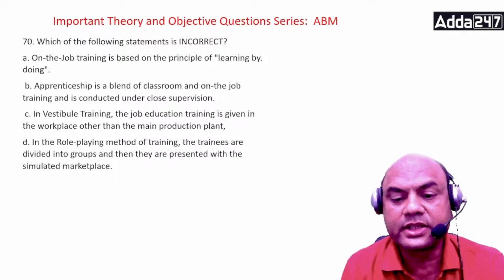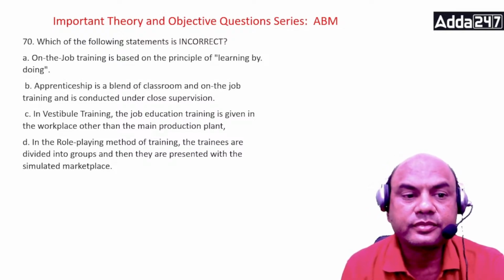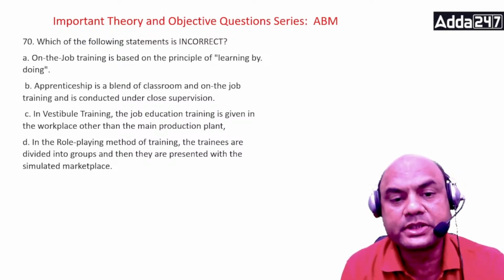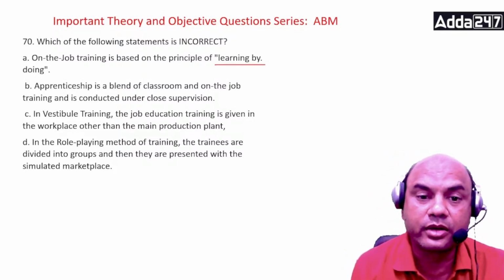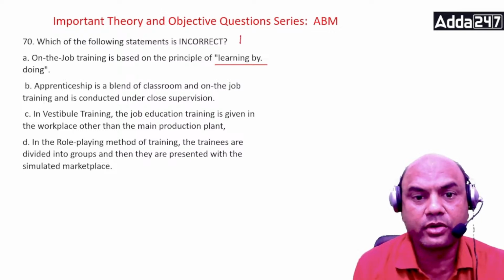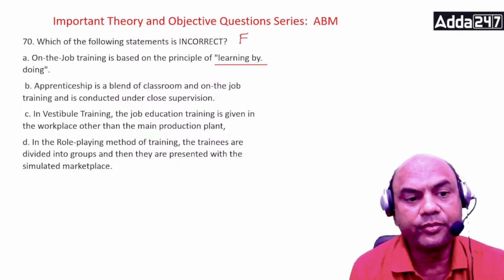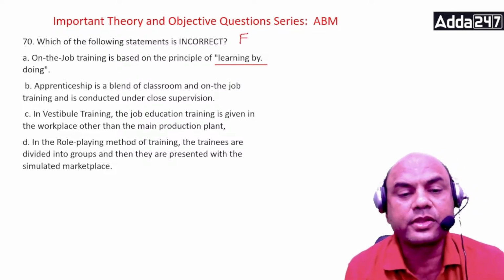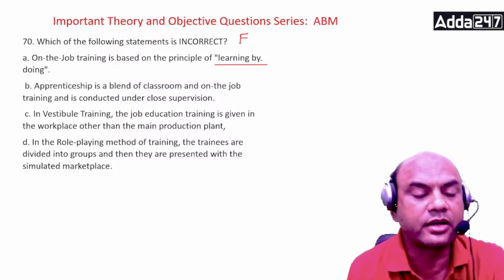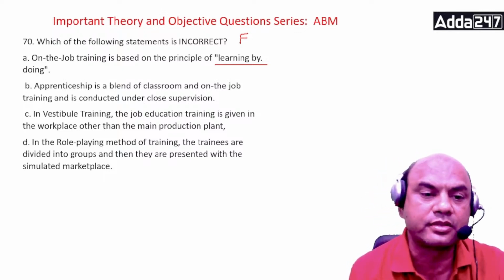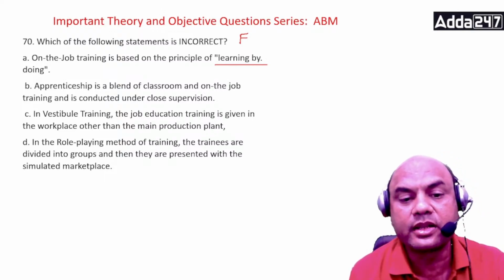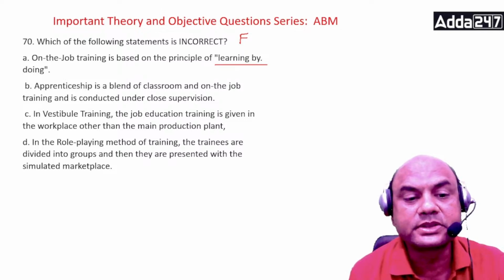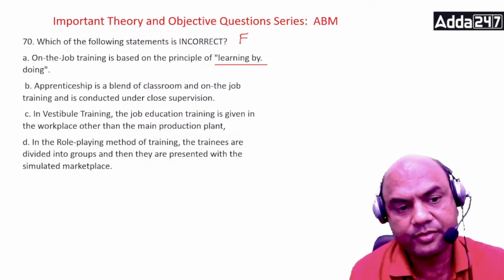Which of the following is incorrect? On the job training is based on the principle of learning by doing. You want incorrect, so remember you want the false one. Apprenticeship is a blend of classroom and on-the-job training and is conducted under close supervision. In vestibule training, the job education training is given in a workplace other than the main production plant.